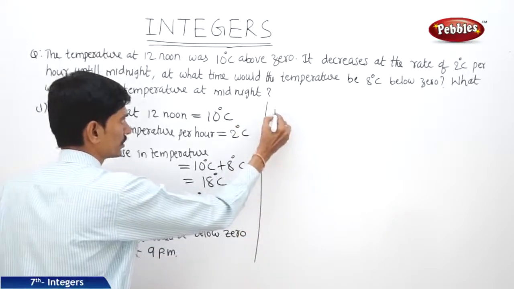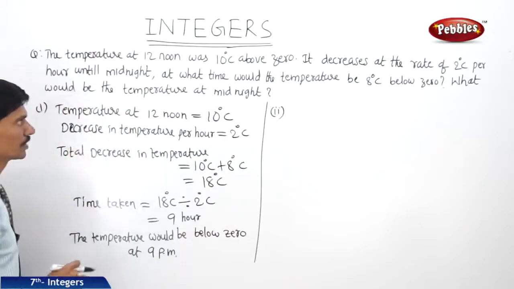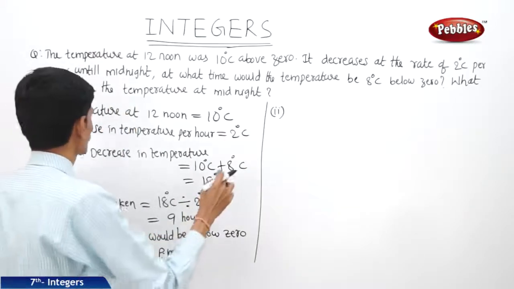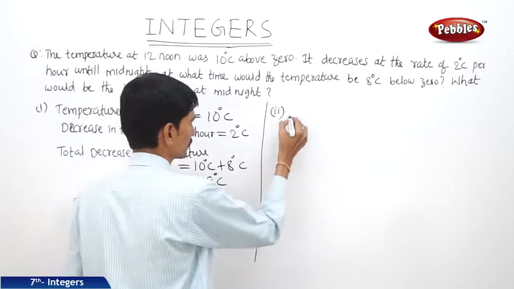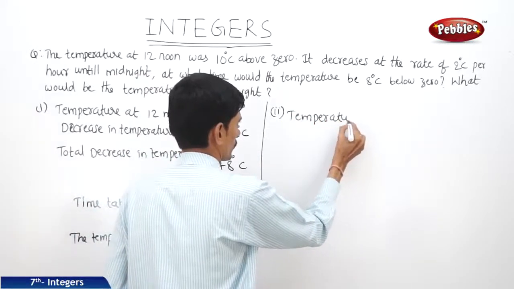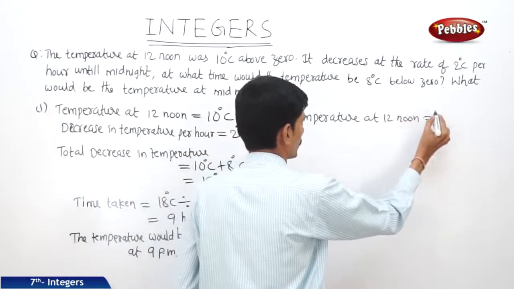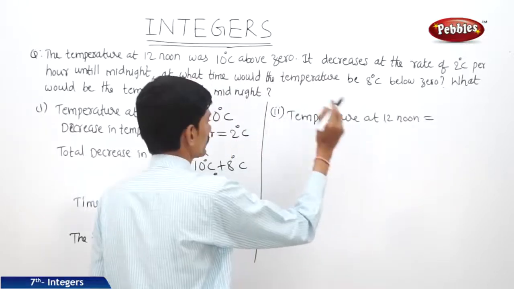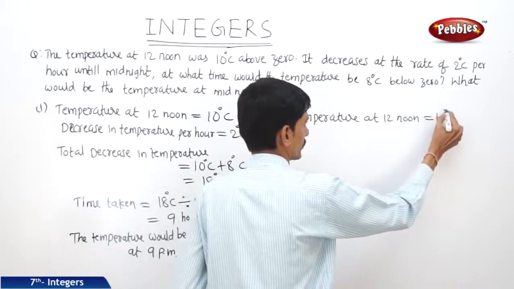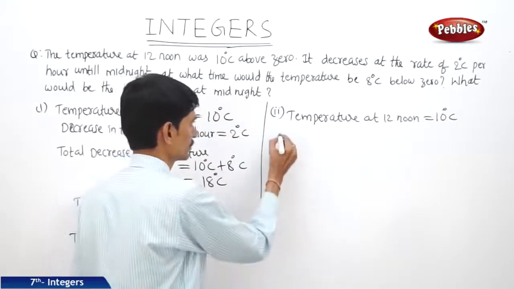Now the second question in this: what would be the temperature at midnight? Now the temperature at 12 noon was equal to 10 degrees centigrade, and it is decreasing every hour by 2 degrees centigrade.